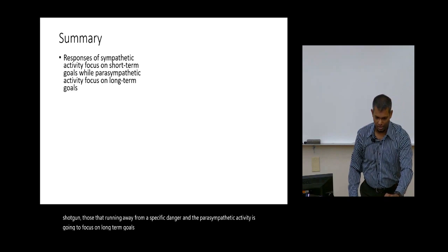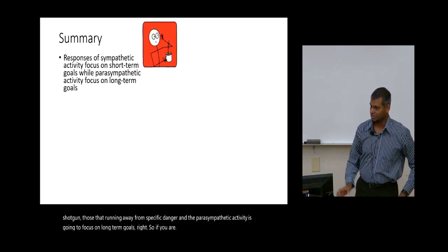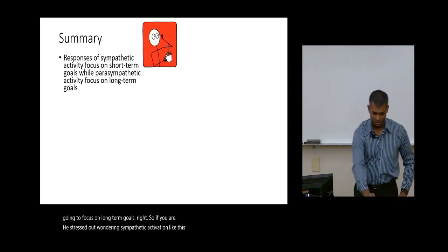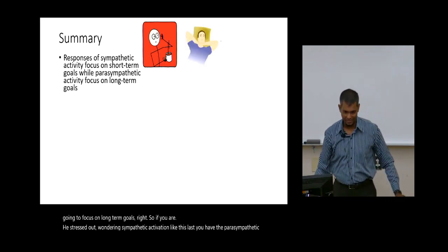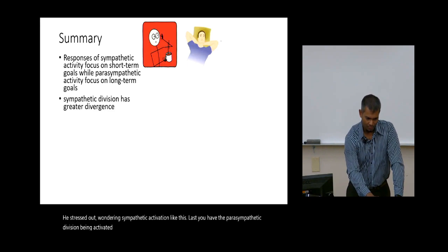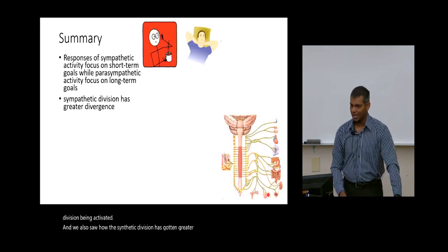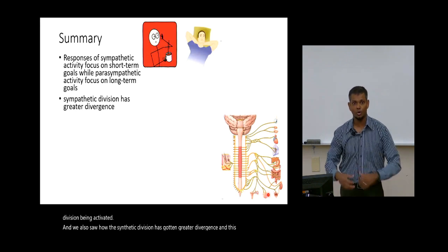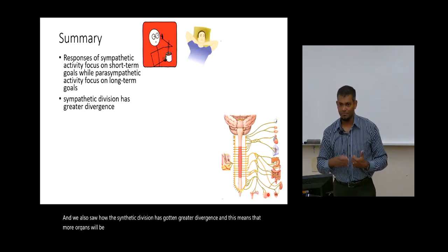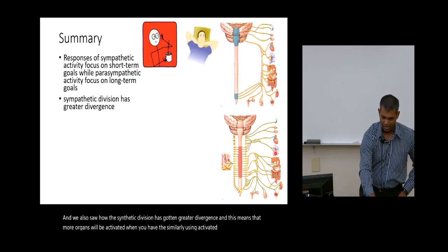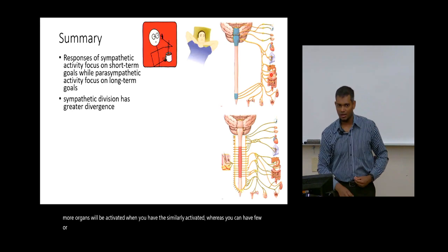So if you're really stressed out, you're under sympathetic activation, whereas if you're relaxed, you have the parasympathetic division being activated. And we also saw how the sympathetic division has got greater divergence, and this means that more organs will be activated when you have the sympathetic division being activated, whereas we can have few organs being controlled by the parasympathetic activation.